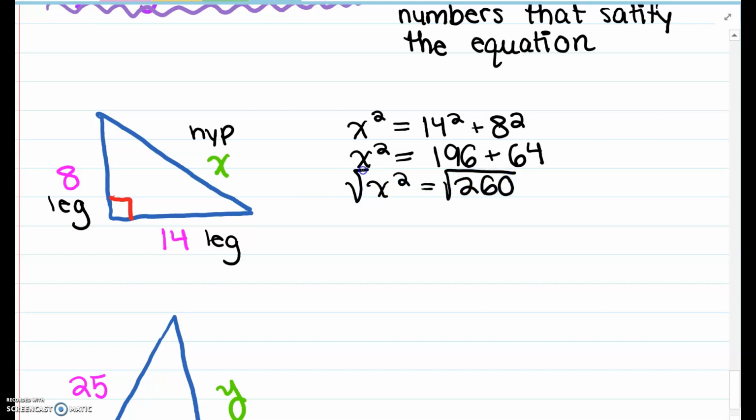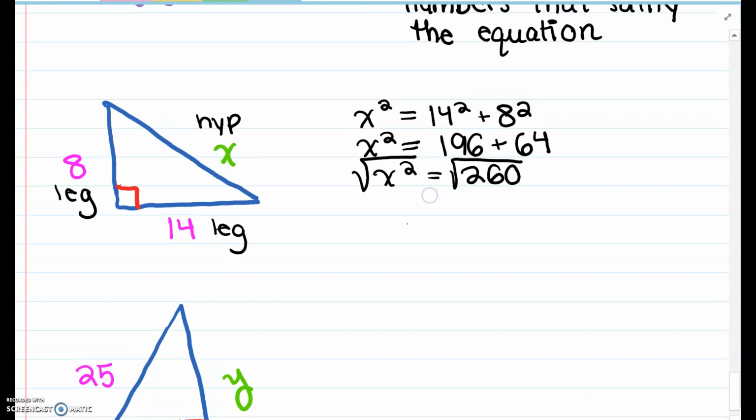We'll take the square root of both sides, and we end up with x. And we could split this into factors that have a perfect square. So we'll split it into radical 4 times radical 65.